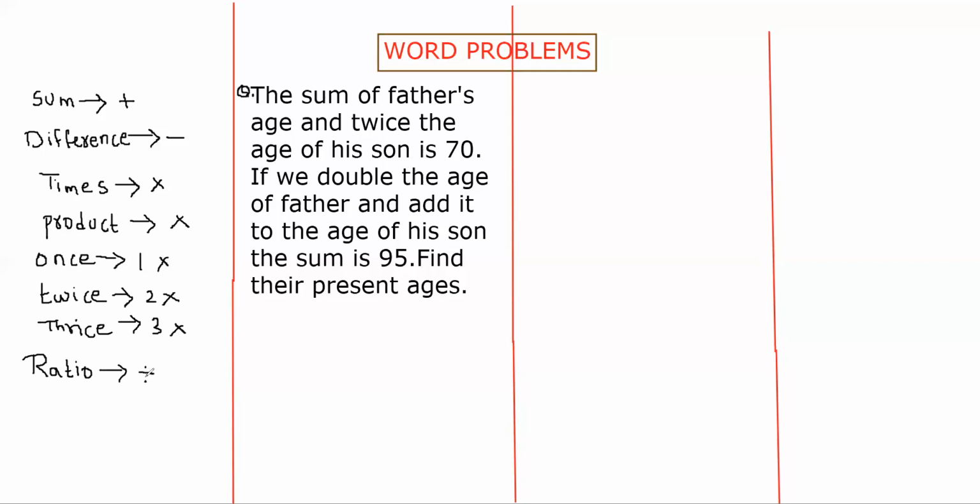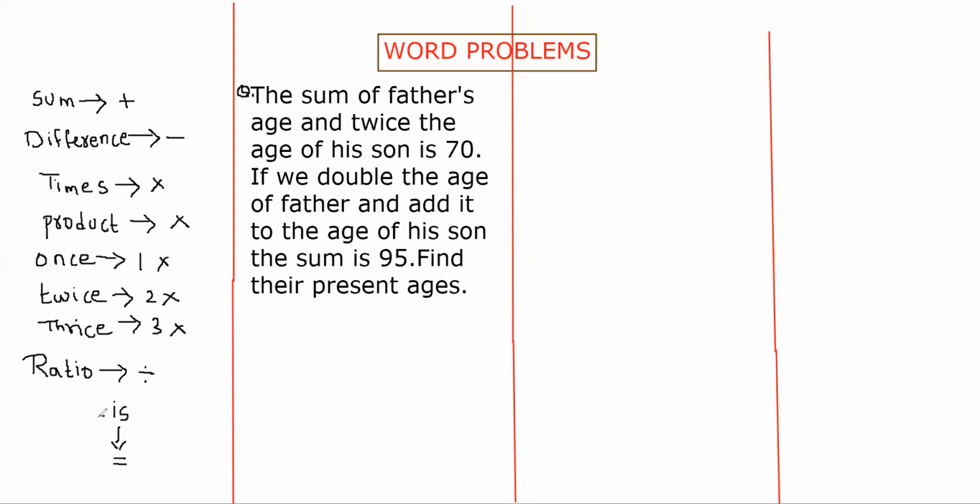So ratio represents division. Now students, when we form the equation, normally we should search for the word is, was, will be. 99% we get the word is. Now, is represents equal to.